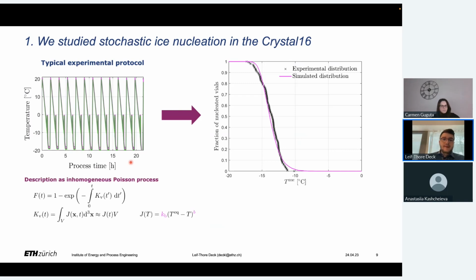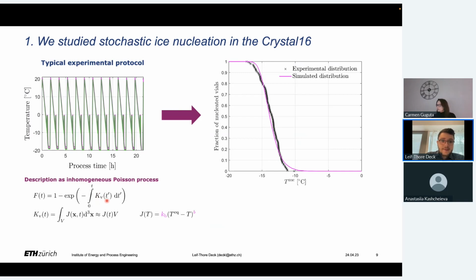Now, for this statistical analysis, we need to identify an appropriate stochastic model for nucleation. Those of you who already have some experience with nucleation know these models from the case of primary nucleation of solution, and the idea here is similar. We describe nucleation as an inhomogeneous Poisson process, which gives us the fraction of nucleated vials, which has the dimension of cumulative probability, as a function of this property Kv, which is the nucleation frequency.